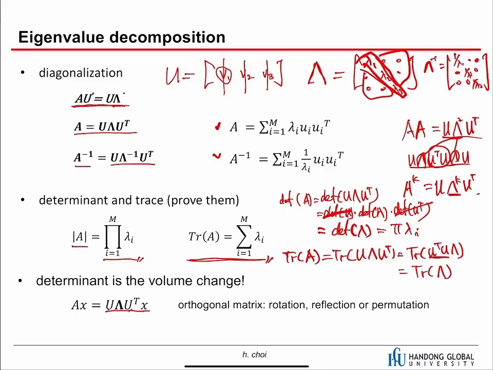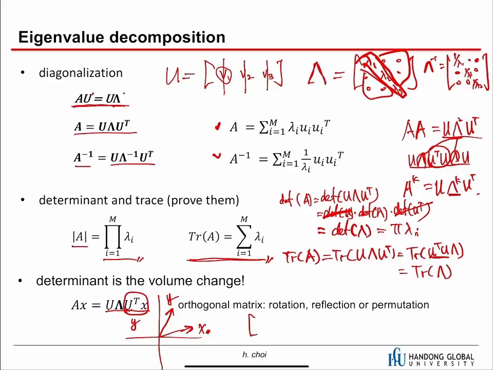So let me put it this way with a two-dimensional example. Let's say this one is X, and when we apply U transpose, we get Y. Okay, this is Y. Basically, the scale of Y is the same as the scale of X. And then we multiply the eigenvalue matrix.